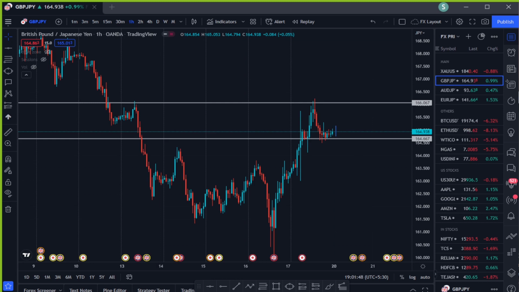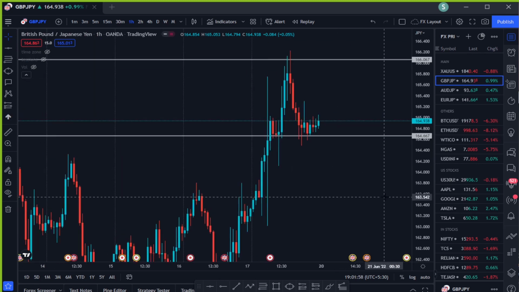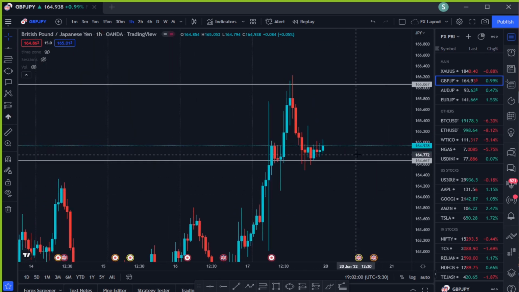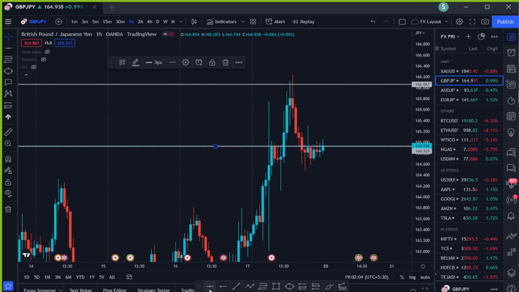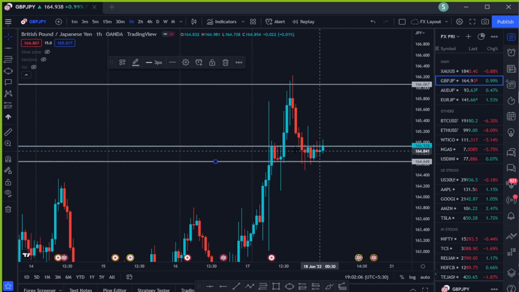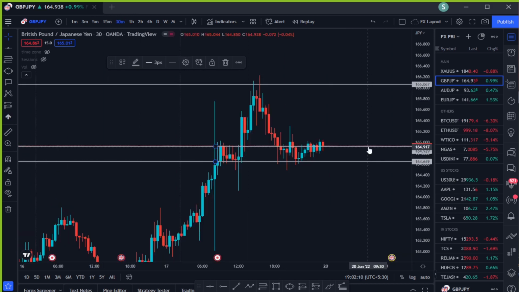And before doing that, let's zoom in. Let's get closure and see that it looks like we have a kind of resistance right here. So we are going to make it a support and a resistance, and if we see it on the 30-minute time frame as well, we can move it right here.